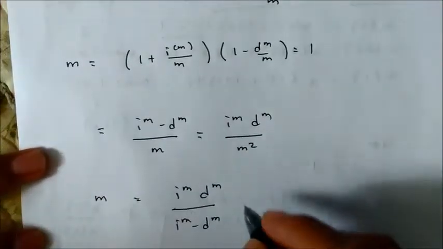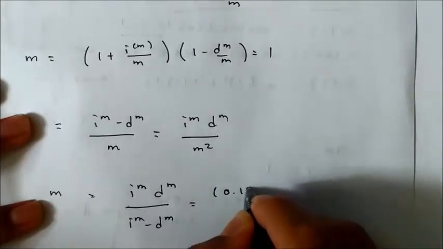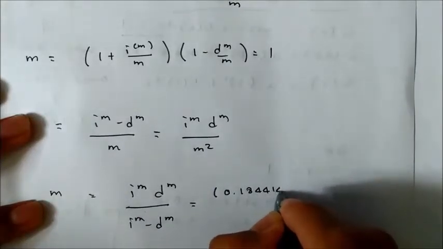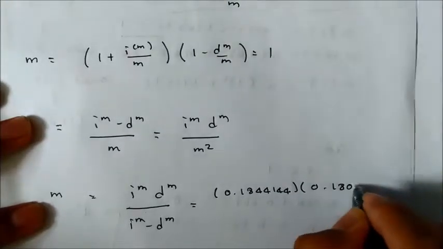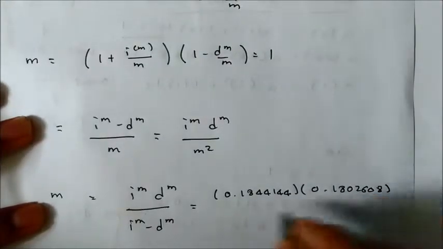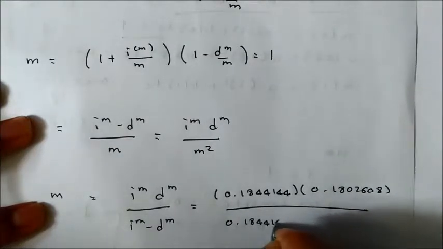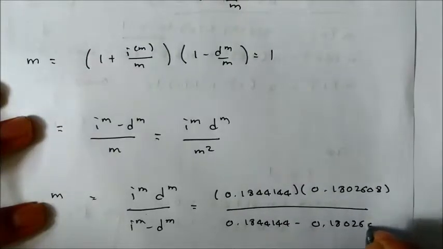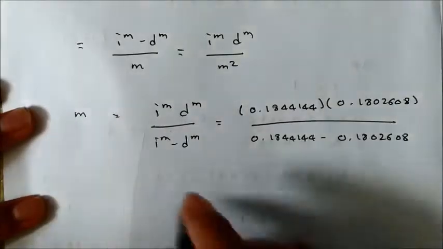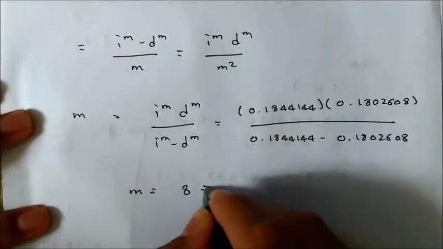Therefore, we substitute all of the values: 0.1844144 times 0.1802608 over 0.1844144 minus 0.1802608. Therefore, we will get m equals 8, which is the answer.